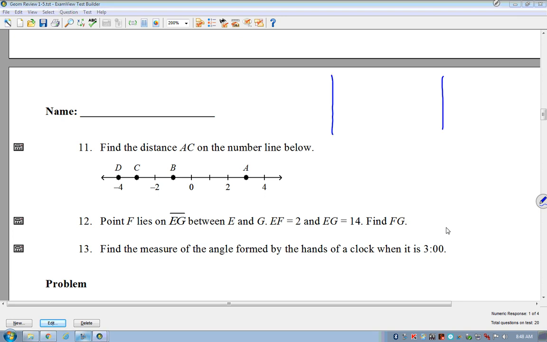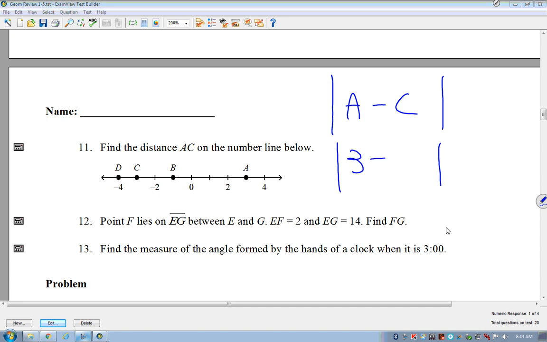So we're going to do absolute value of A minus C. You could also do absolute value of C minus A, because it doesn't matter where I'm starting from or where I'm going to, so long as I'm subtracting both. So in here, what is A? 3. What is C?